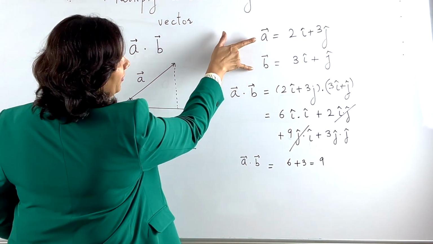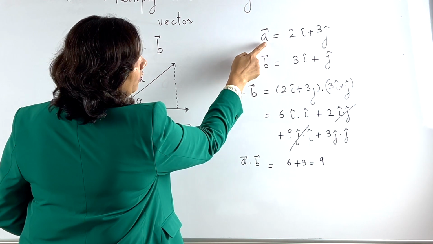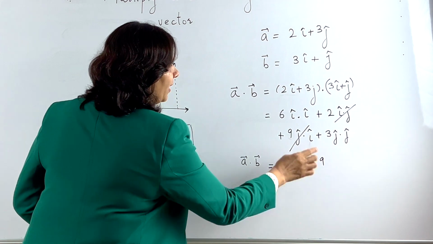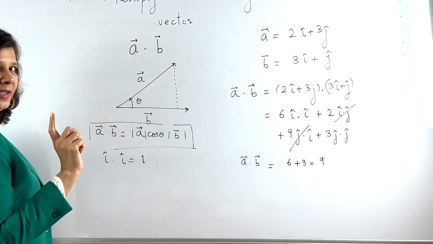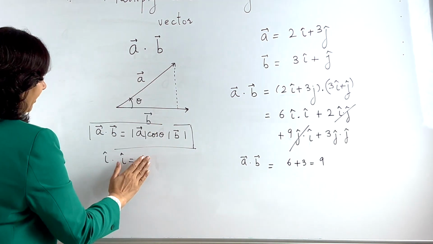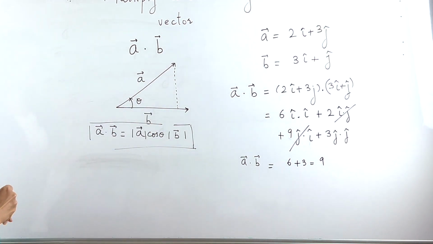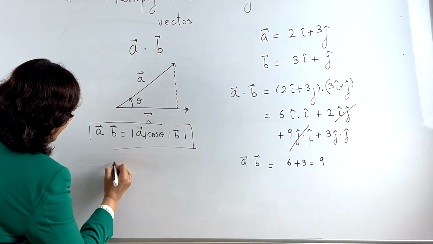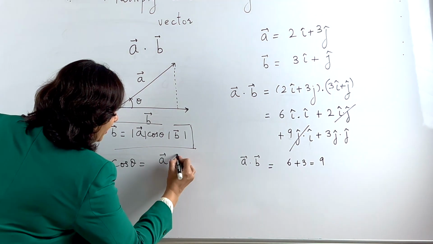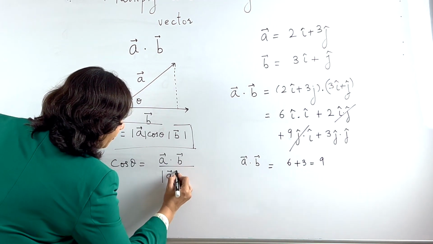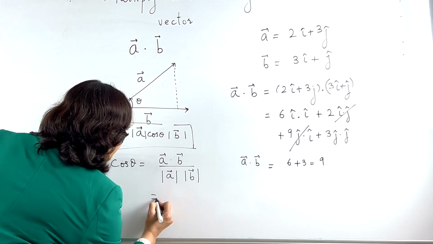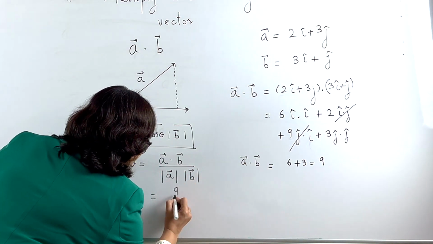For example, if I have to find the angle between vector A and vector B, we have already calculated A dot B is equal to 9, and using this definition again I can find the cosine of the angle between A and B. From this definition I can write cosine theta is equal to A dot B upon magnitude of A into magnitude of B. A dot B we have already calculated as 9.